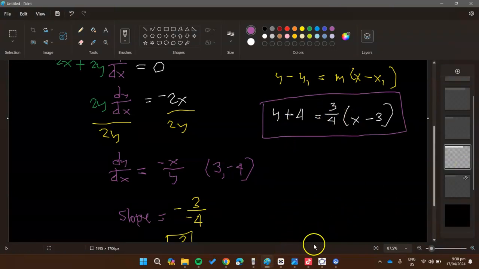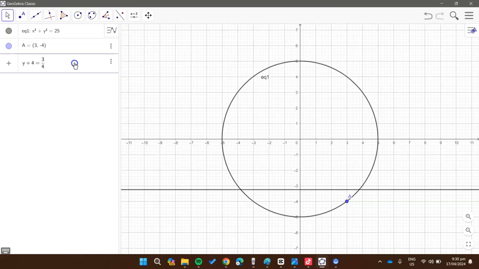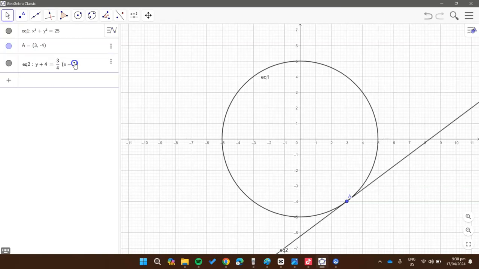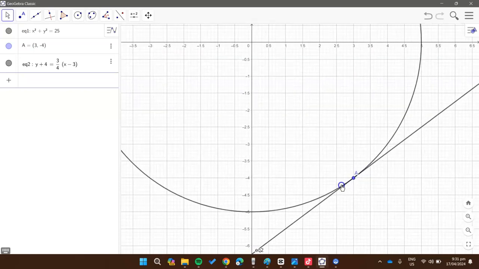So let's try to plot that line. So we have y plus 4 equals 3 over 4 times x minus 3. As you can see, this line here is again tangent to the curve at the point (3, -4). So our answer is correct.